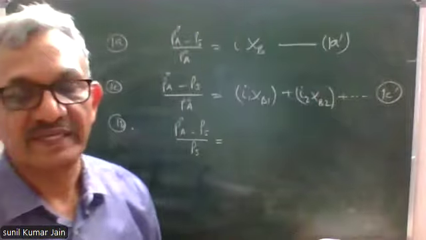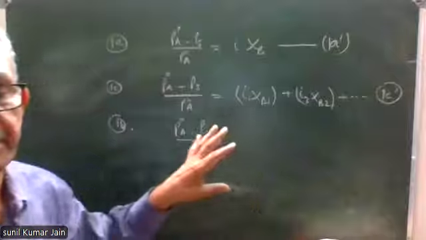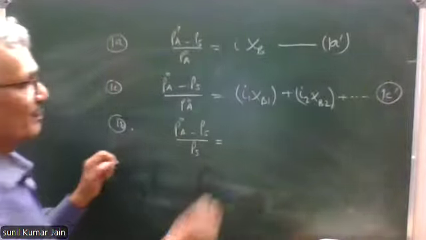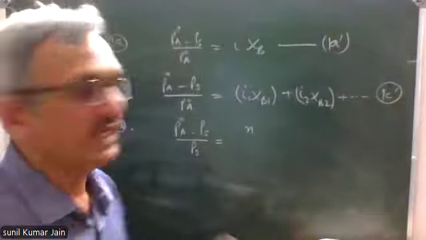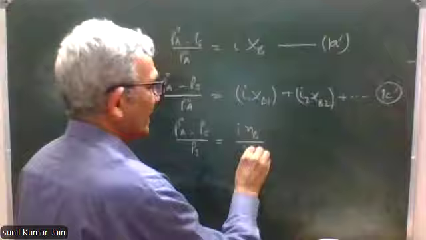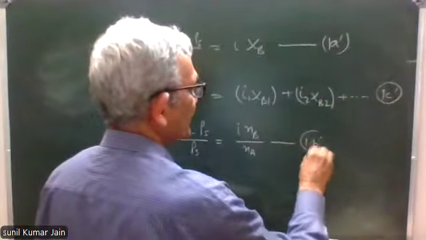This is not very frequently used. P naught A minus PS upon PS is equal to, earlier it was NB divided by NA, now it becomes i into NB divided by NA. 1B dash.